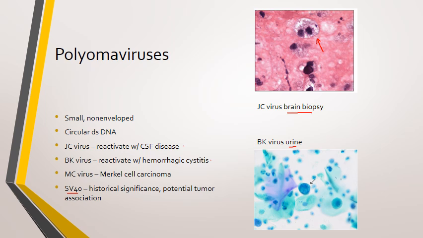This is historically significant because in the late 50s and 60s, during the manufacture of the Salk polio vaccine, it became contaminated with the SV40 during its production, and it was sent out and it was used in really hundreds of patients before the contamination was noted.